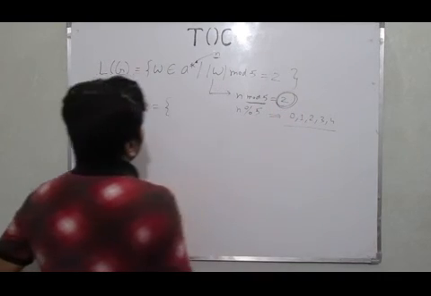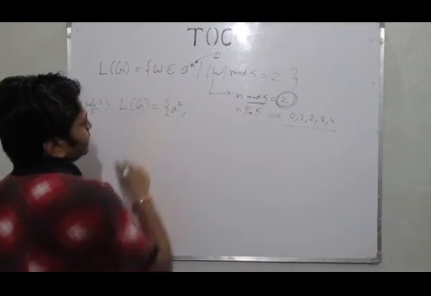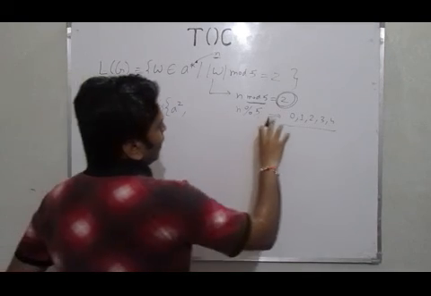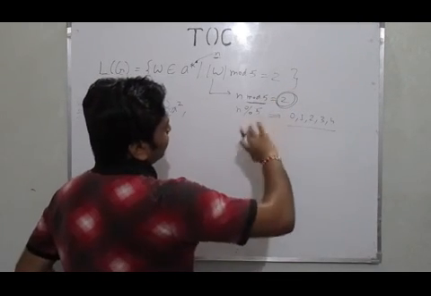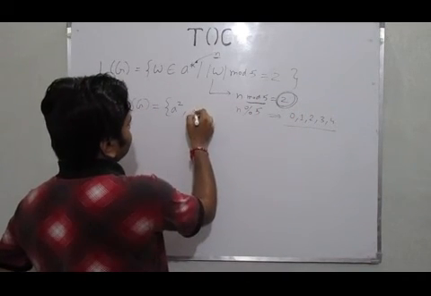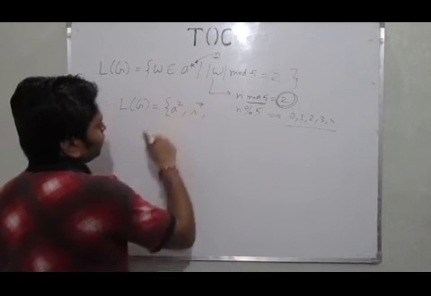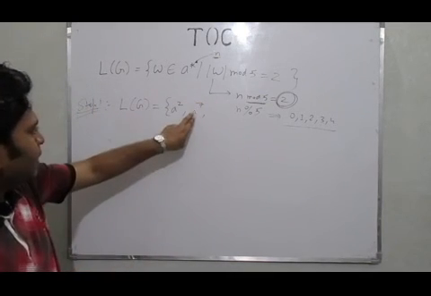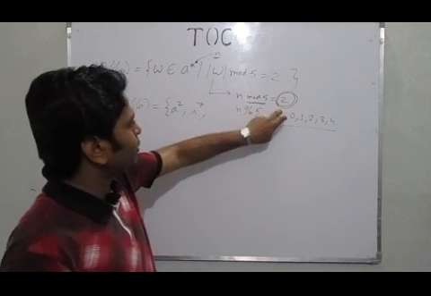If we obtain only remainder 2, that means the first string would be A2, and then after every A2 we have to add 5. We have to move 5 steps further. That means again A5. If I add A5, it would be A7. And you can see that if I divide 7 by 5, once again I would obtain the remainder 2.